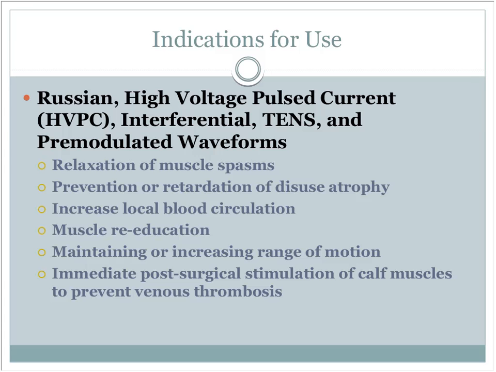So, indications for use. I'm just going to give you a basic idea of these things. For Russian, high volt pulse current, interferential, TENS, and premodulated, all of these will work on these ideas. Relaxation of muscle spasms, prevention or retardation of disuse atrophy, great for your post-stroke people or somebody even coming out of a cast. Increase local blood circulation.